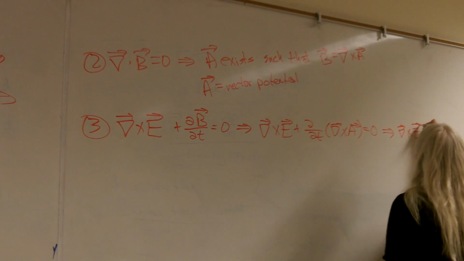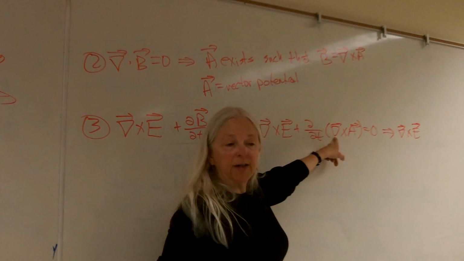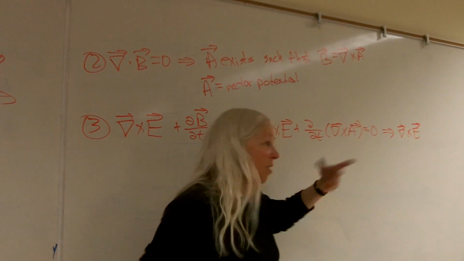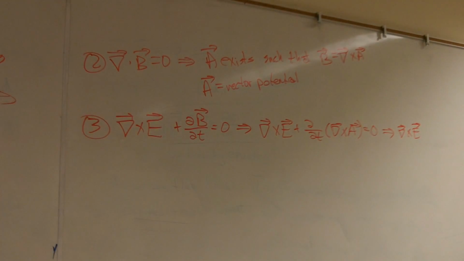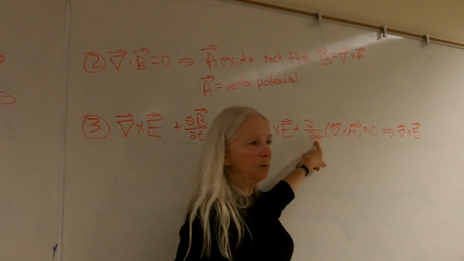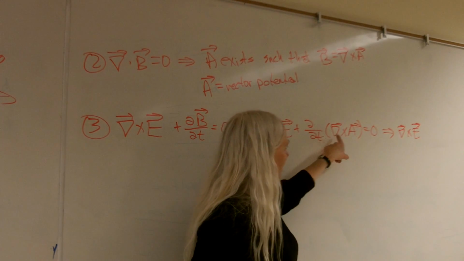I'm going to leave the curl of E as it is, but in the second term, the curl involves various kinds of derivatives with respect to spatial coordinates, x, y, and z, or r, theta, and phi, depending on whatever coordinate system we're using. In any case, they're all spatial derivatives. Out in front here, we've got a time derivative. So we're differentiating with respect to different things here and here.